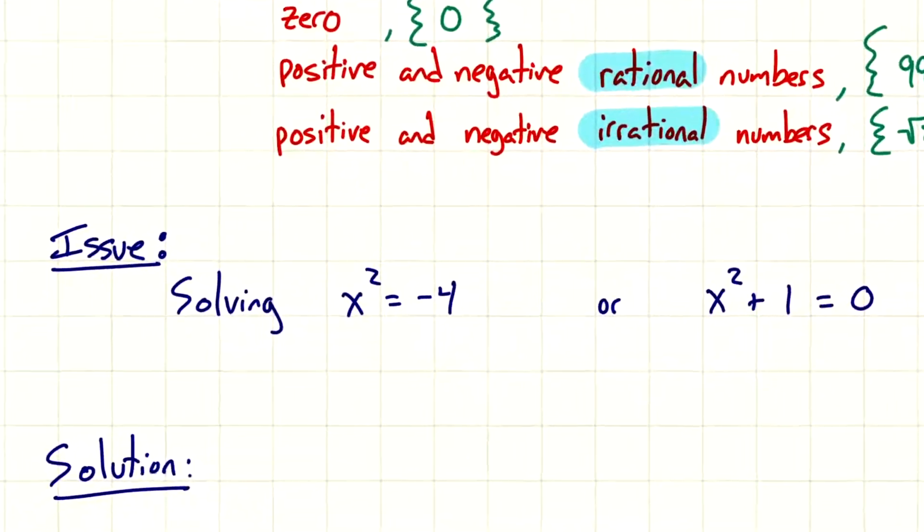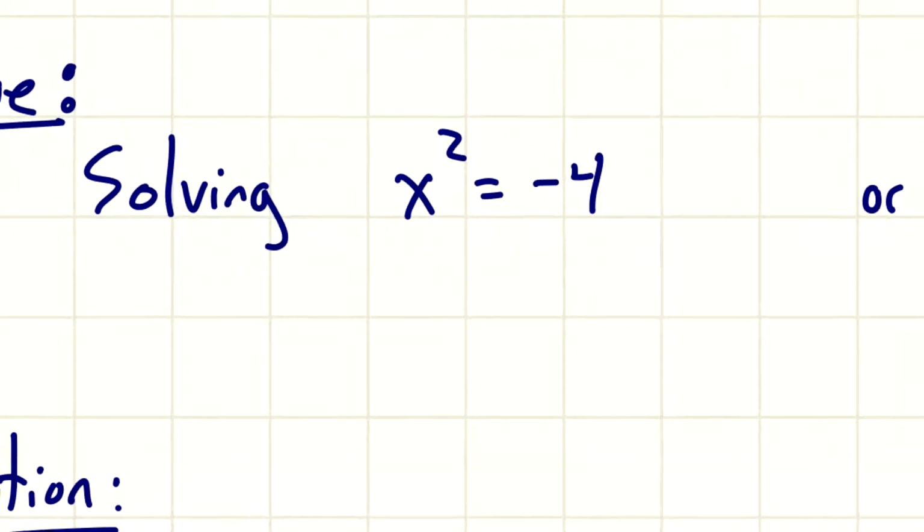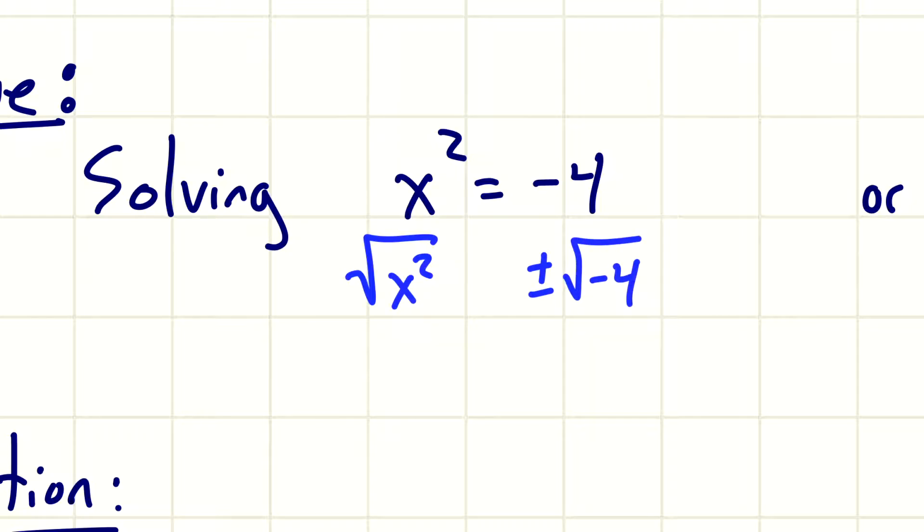I'm going to zoom into this for a second. If I'm trying to solve this, if you don't remember, we would most likely square root both sides, and we're left with something like this: x equals plus or minus the square root of -4.